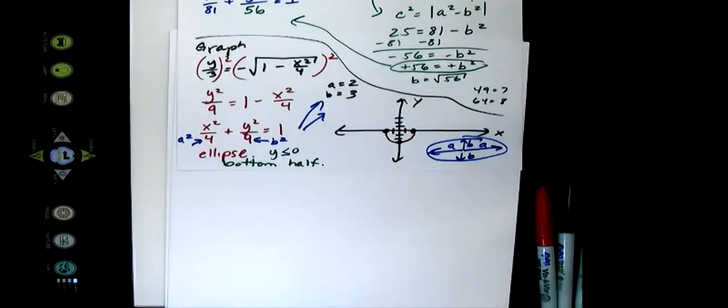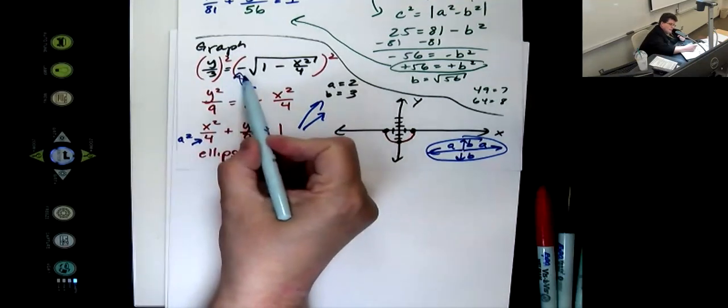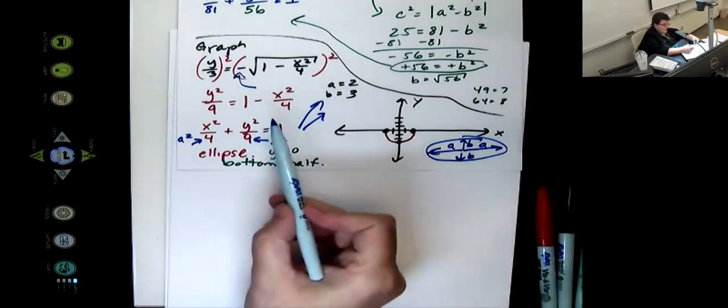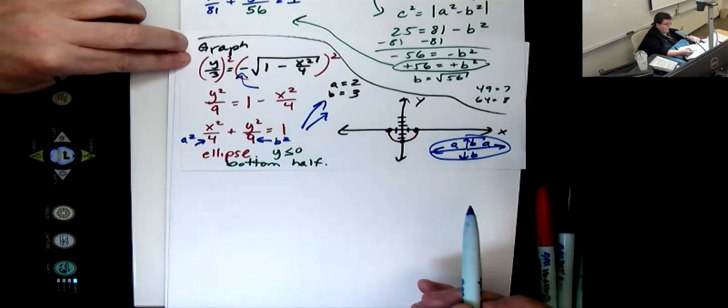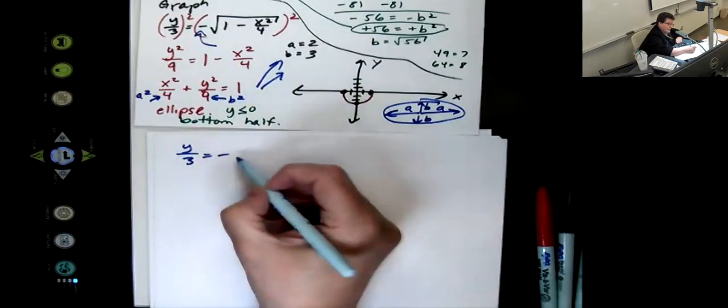Oh, okay, now I understand. But what is half of it? Because up here it said negative, which meant we didn't have the full ellipse. Because we didn't start with the equation of the ellipse, we squared to get the equation of the ellipse. But we started with y over negative 3 equals a negative number.